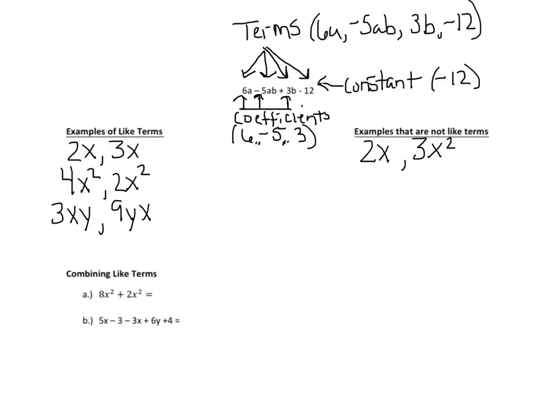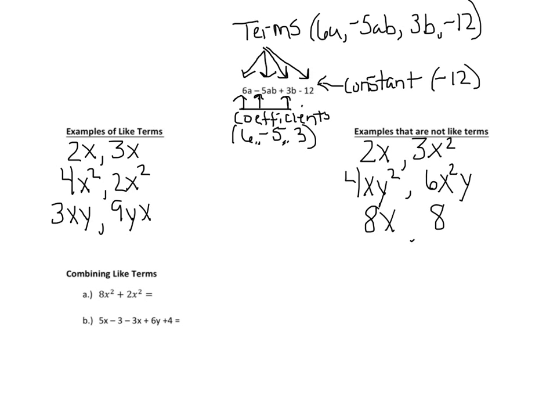Because the x is squared, they do not have exactly the same variable factors. 4xy squared, 6x squared y. They are not like terms because they do not have exactly the same variable factors. It would be okay to change the order of the x and y, but the fact that y is squared in the first term and x is squared in the second term, they are no longer like terms.